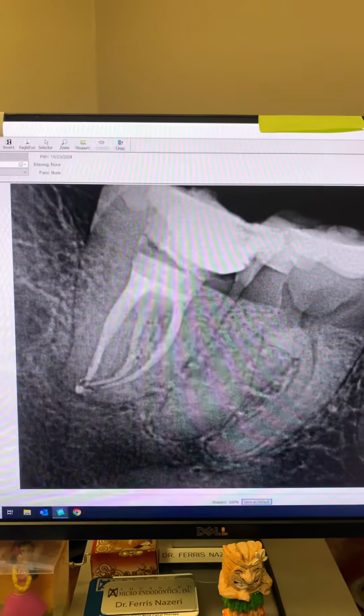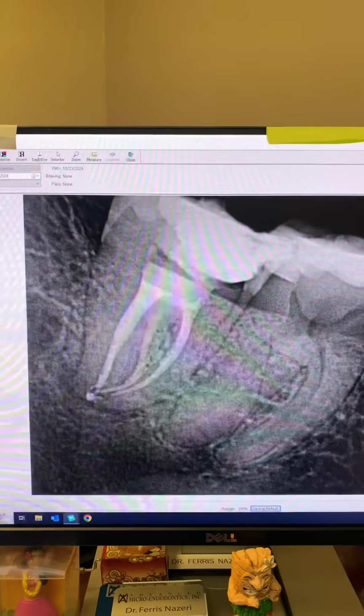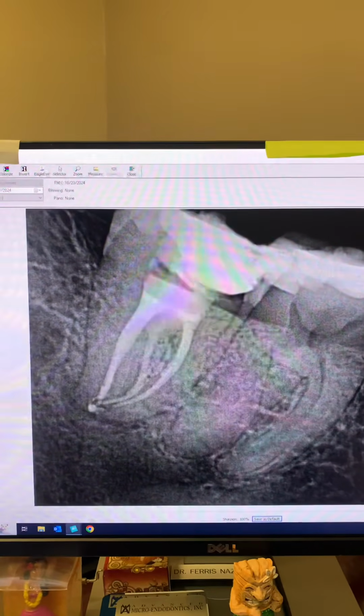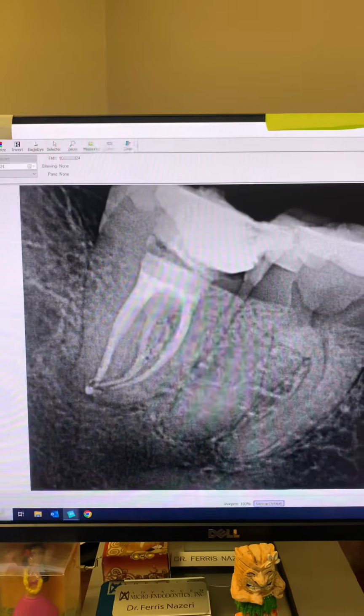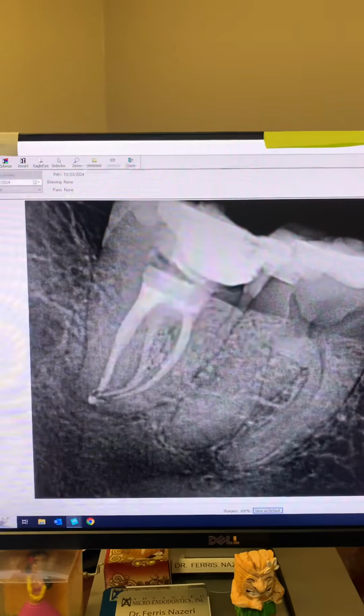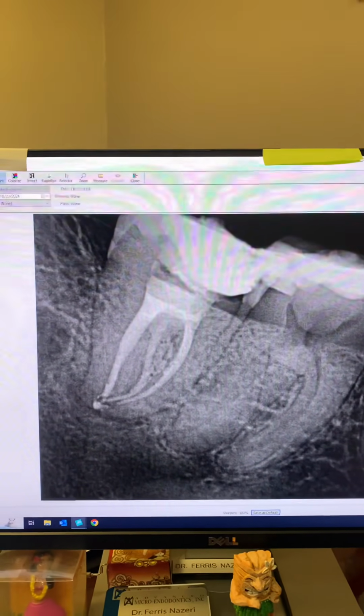And in trying to remove it or bypass it, that broken file can actually get pushed out even further into the periapical area. So I will make sure that I talk to the patient about that and document that in the patient's chart notes for sure.